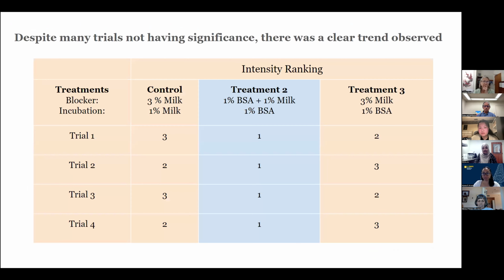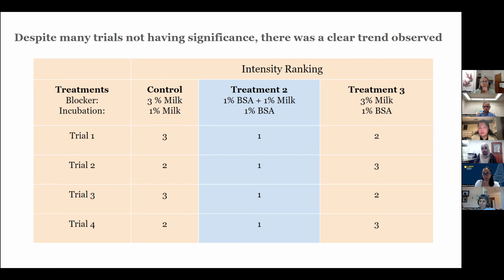So here's just a table to summarize the 4 trials. Only the first trial had statistically significant data, but there's still a trend that we can see with trials 2 through 4. Overall, we see that treatment 2, which was the 1% BSA with 1% milk for the blocker, and then the 1% BSA for the incubation, very consistently performed better than the control.